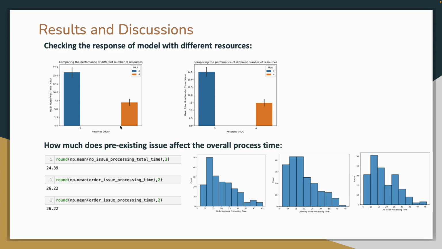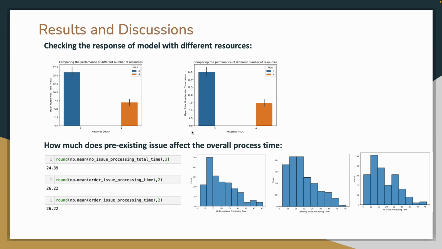It's more than double, like 7.5 versus more than 15. So she has to wait twice the time if we have 3 people instead of 4. Similarly, with the tube delivery system, the tube stays unattended for more than 17.5 minutes, with a confidence interval of 95.